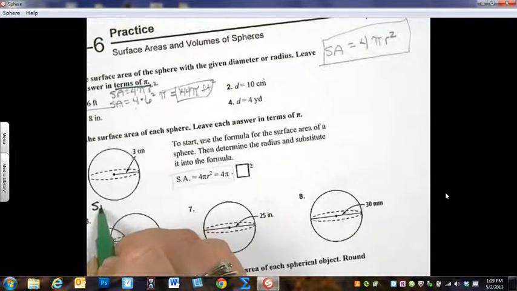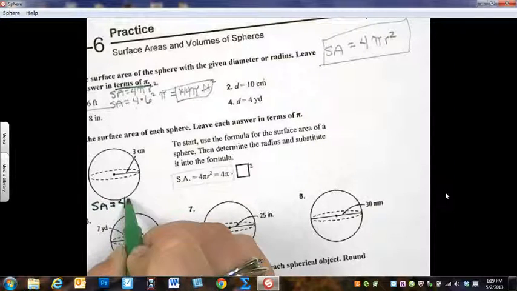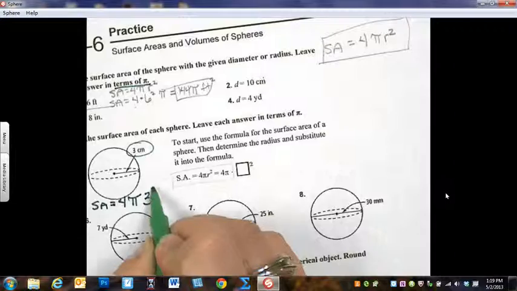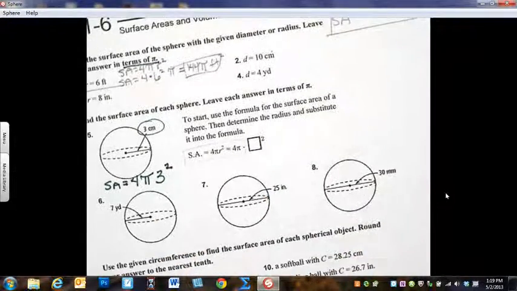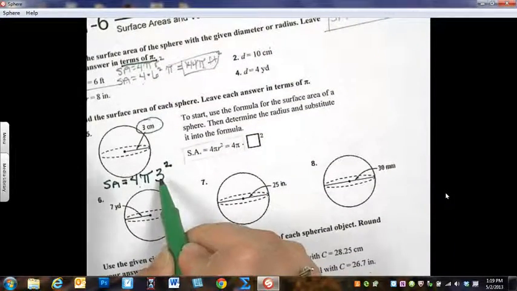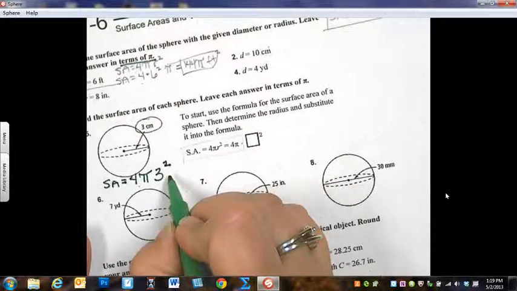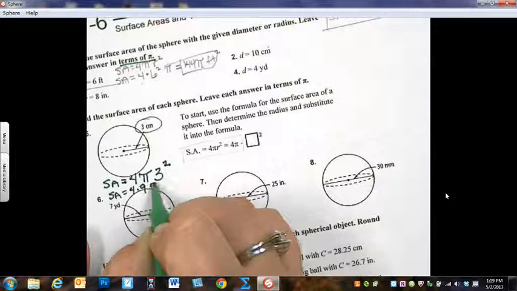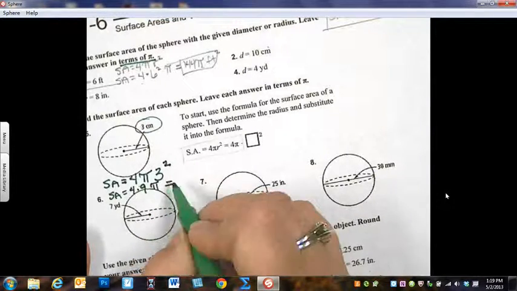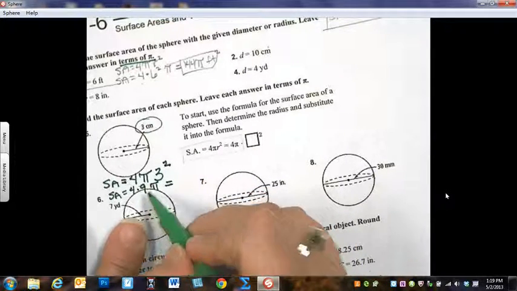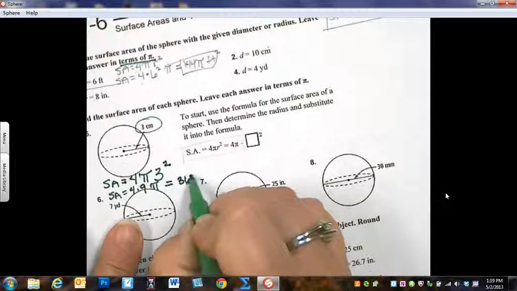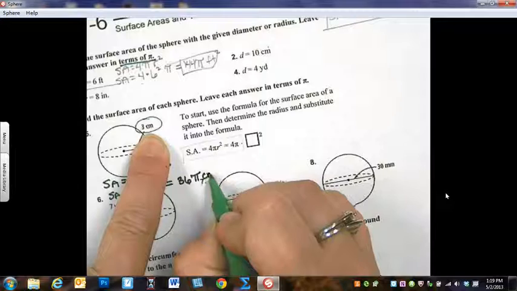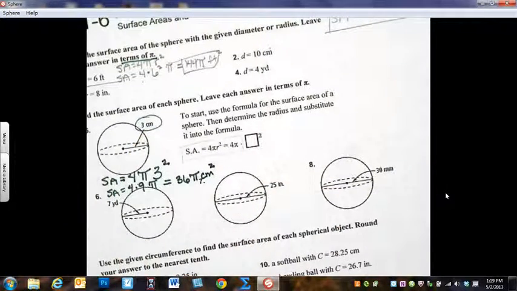Surface area equals 4 pi, well there's my radius, 3 squared. And you're just going to plug in the 4 times, what is 3 squared? So the surface area equals 4 times 9 pi, and 4 times 9 is 36. So this is 36 pi, and my units is centimeters, and we're finding area, so my units are squared.